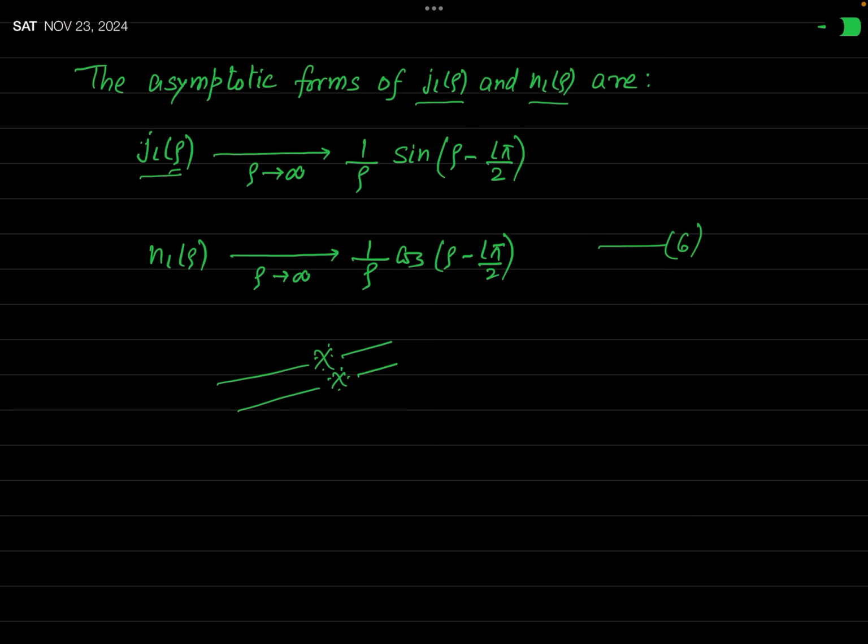When rho tends to infinity, j_l of rho is given by this expression, 1 over rho times sine of rho minus l pi over 2, and n_l of rho is given as 1 over rho times cosine of rho minus l pi over 2.